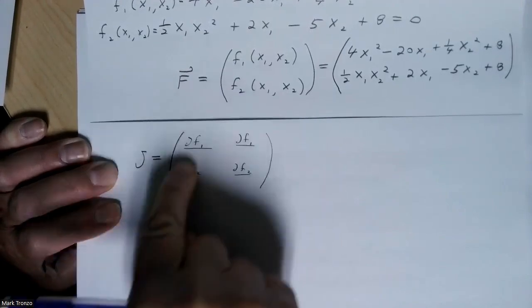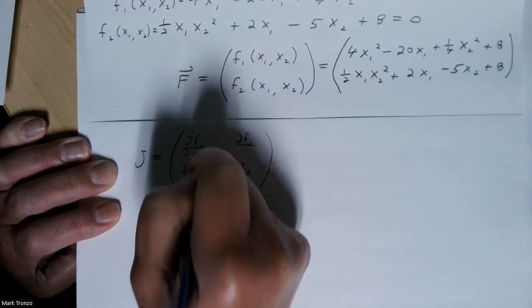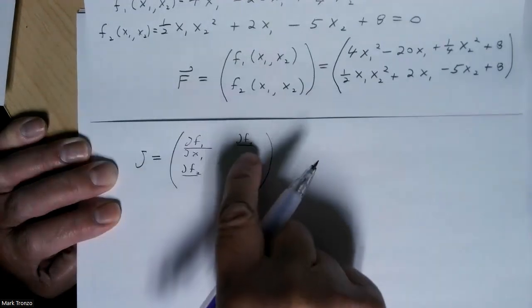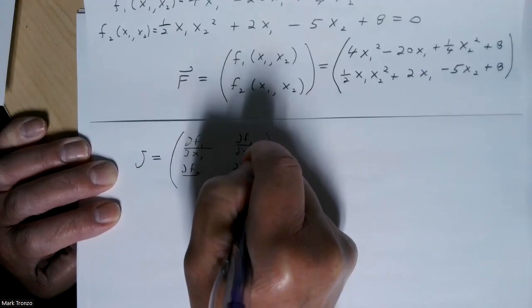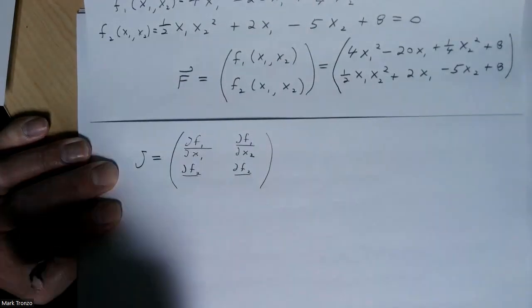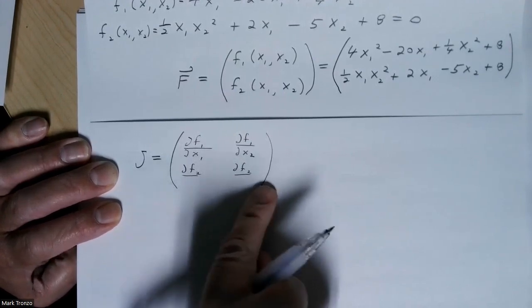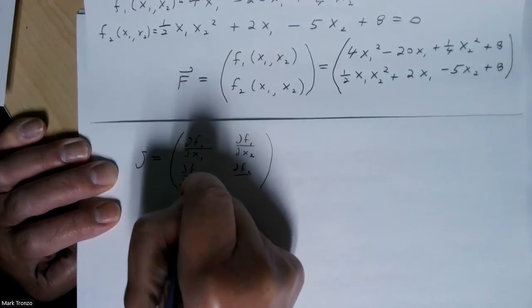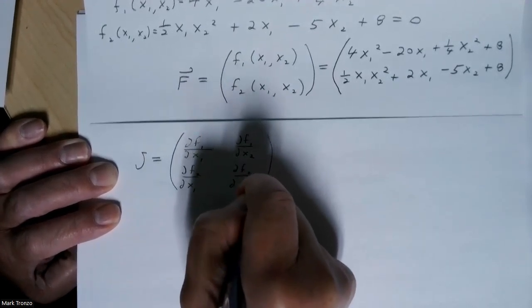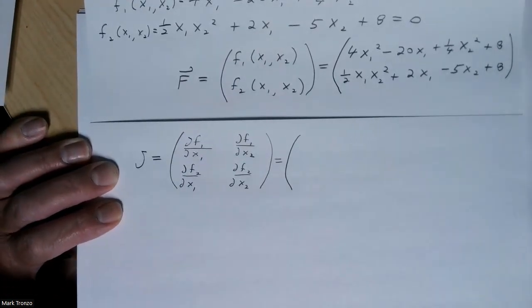And then this first one will be the derivative with respect to the first variable, like this. Then with respect to the next variable, like this. Then when you go to the second row, it'll have the second function only, first with respect to the first variable, then with respect to the second variable, like this.